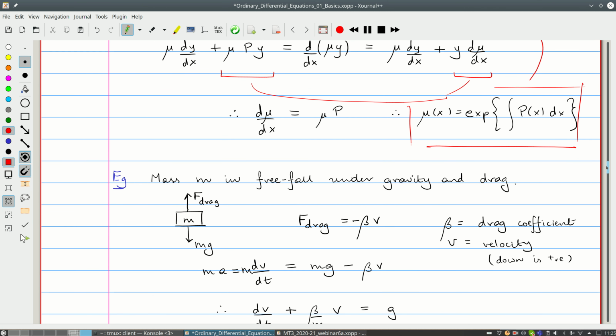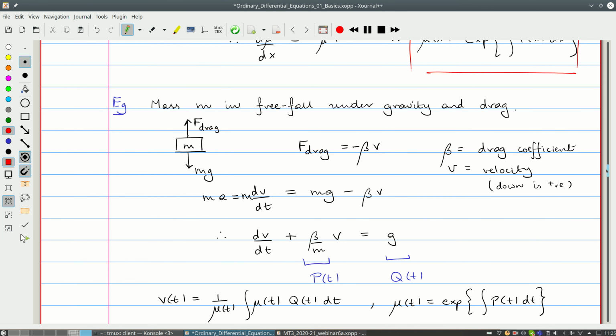And here's an example as to how we are going to actually handle something like this. In this particular case, you've got a mass m, which is under free fall in an atmosphere. So there's mg acting on this mass. There's a drag force, and the drag force is opposite to the direction it's moving. So I've called it minus beta times the velocity.